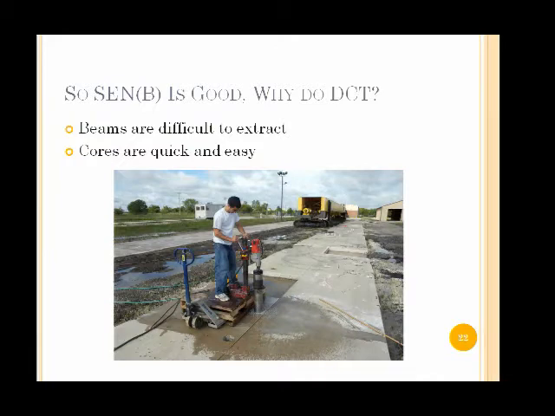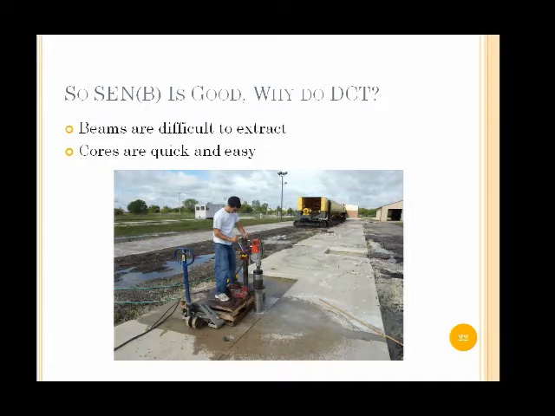So we have a test that works. It gives us good values. There's lots of literature on it that says it's good, but beams are difficult to extract from the field. It's very hard to go out into the field and saw cut out a beam. It takes a lot of time, effort, money. It's a whole lot easier just to go take a core, a lot easier to repair the hole you made too, and try and test that.